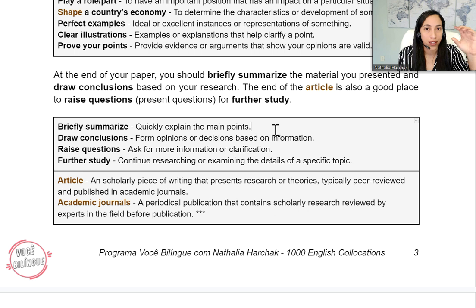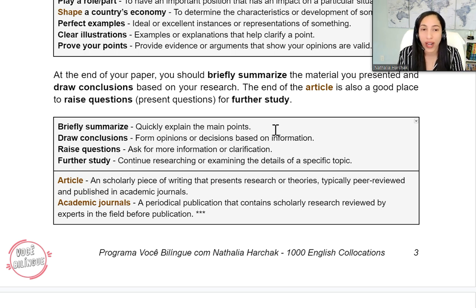Normally texts need to have an introduction, then there's the body of the text, like you develop the text maybe with 1 or 2 paragraphs in between the introduction and the conclusion. So the conclusion is when you finish the text and you need to present your opinion or your decision depending on the type of the text. Okay? So introduction, development, and conclusion.